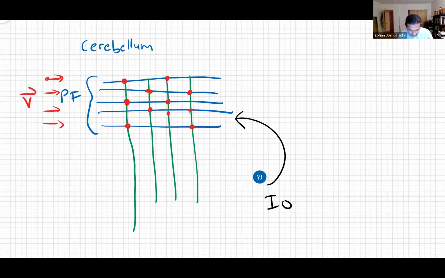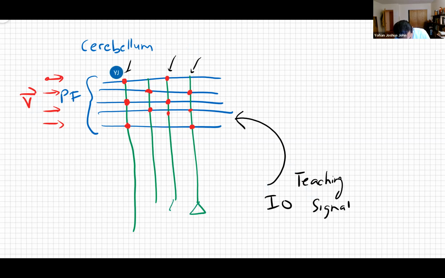So the coincidence of the teaching signal, which is presumably low dimensional, coming in here, and activity here, and the Purkinje cell also needs to be active, I think. So it's a Hebbian kind of story. It can cause you to learn pretty specific patterns. So you can basically use these coincidences to learn patterns.